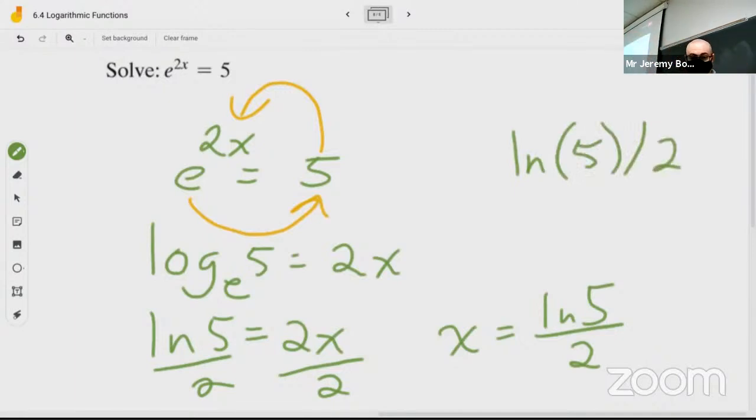Just make sure you close that parenthesis on the 5. That's why I wrote it out like that. And you get that x is about, and let's round to like, I don't know, 2 decimal places, 0.80. Is that what I did there? I did 0.805. I did 3 decimal places, so stick with that.